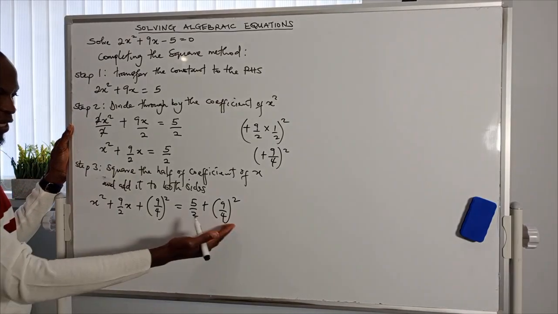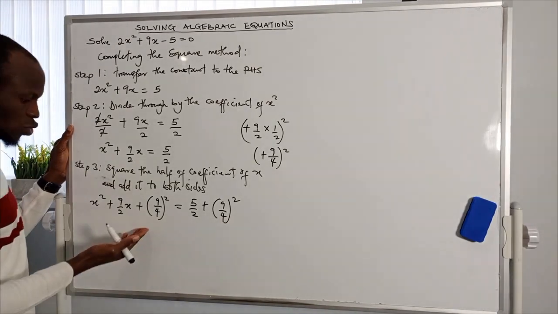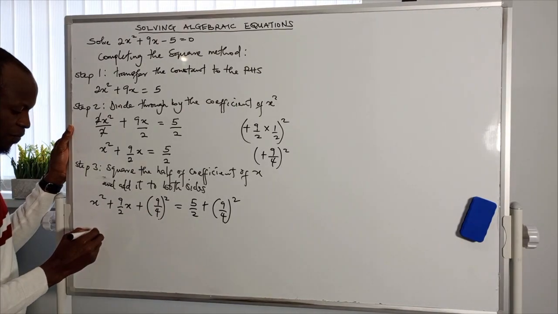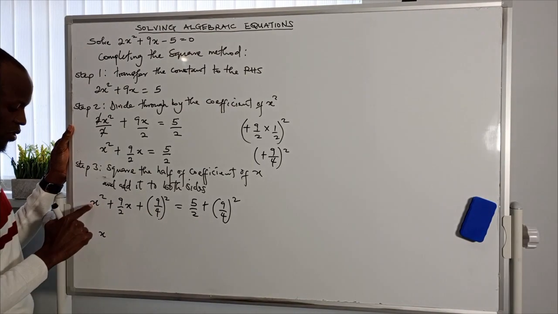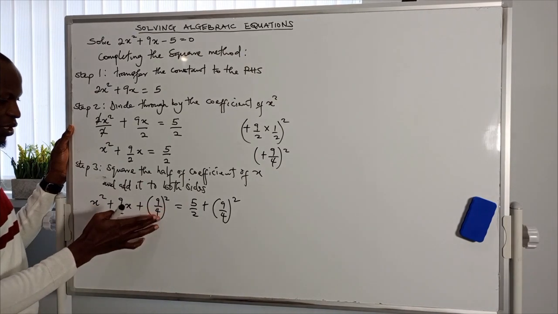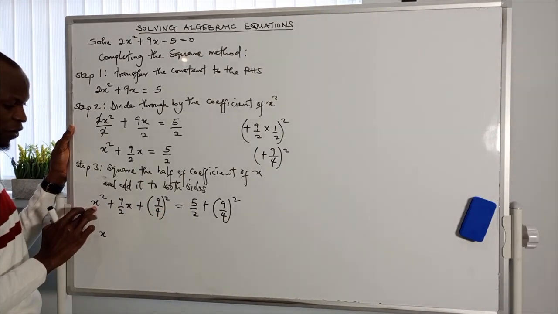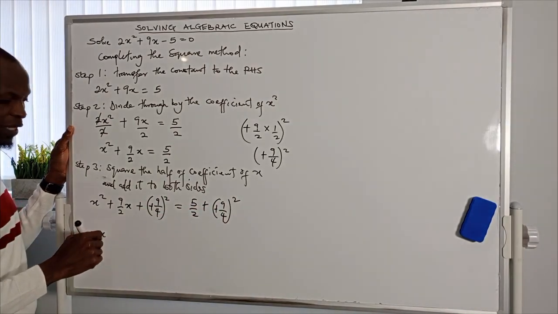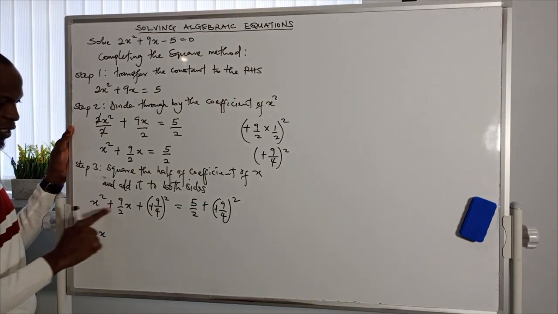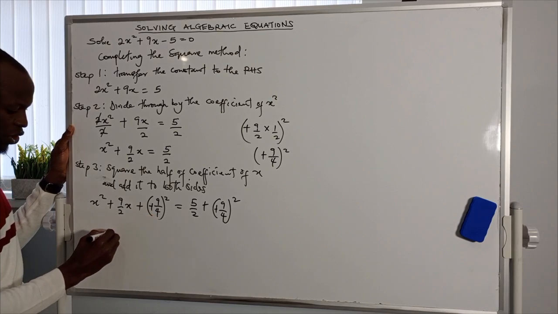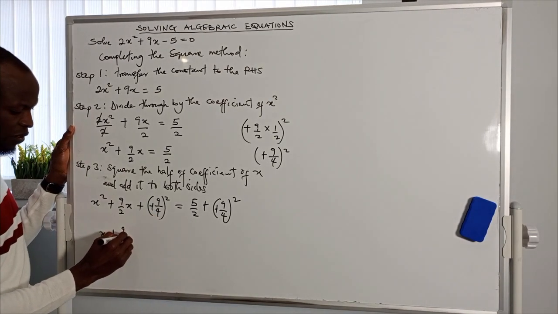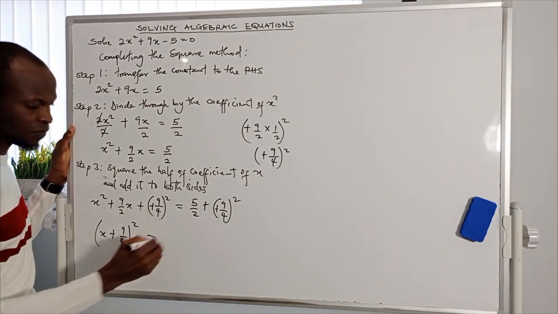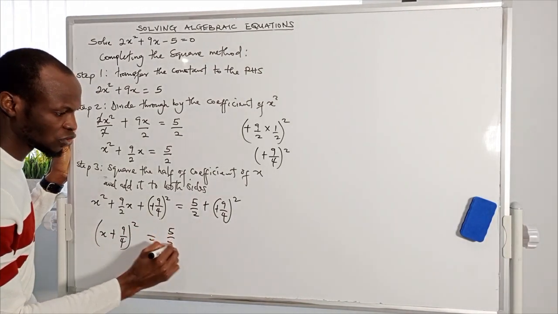Okay, so now the next thing is to make this a perfect square. If this is a perfect square, automatically we have x. You take one of these squared, you only deal with those that have squared. So you take x, then you take what you have in the bracket, which is plus 9 over 4 all squared equals 5 over 2.